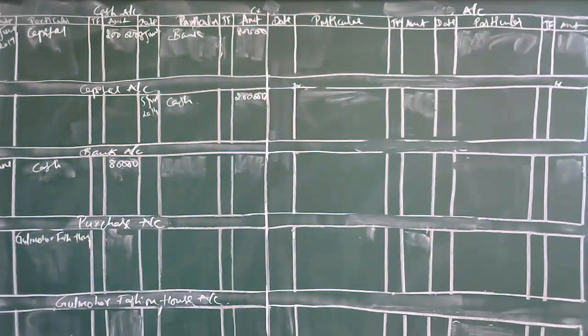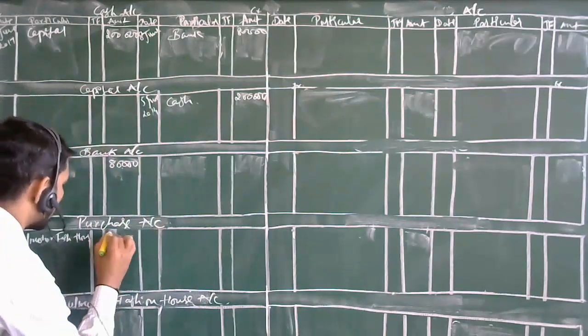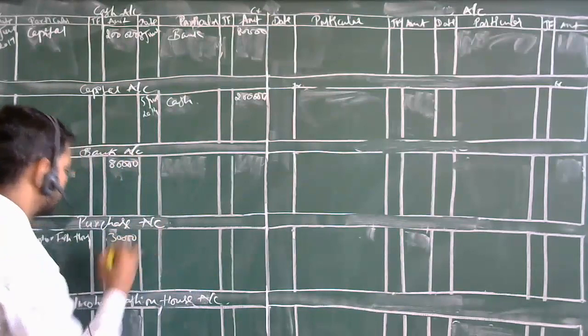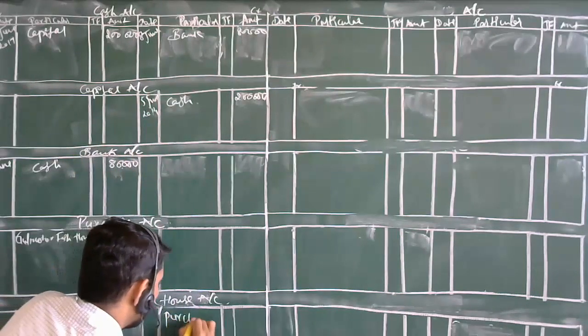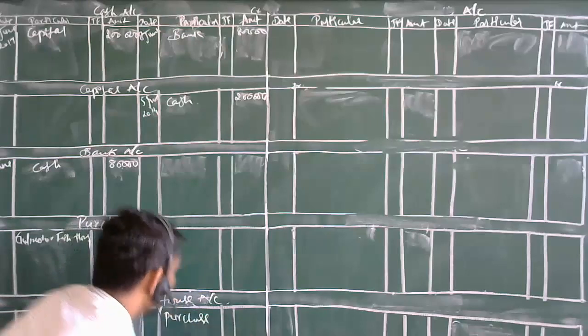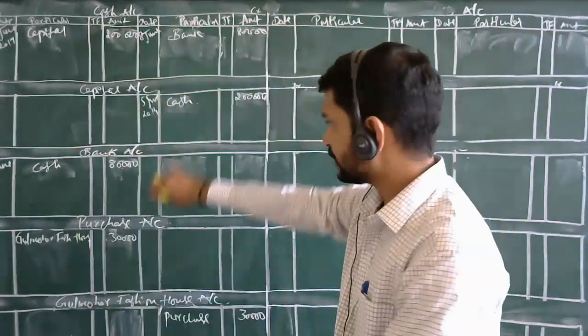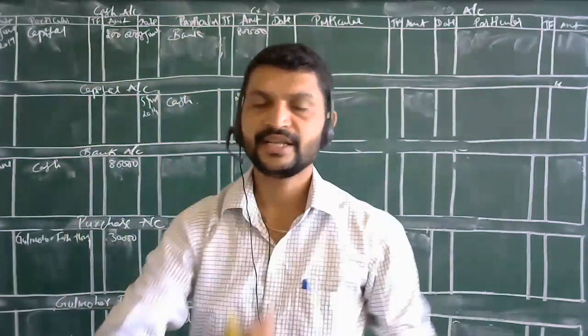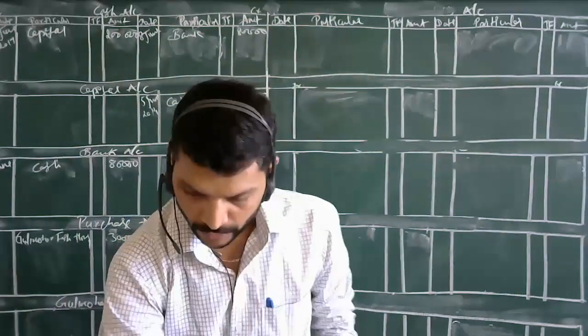What is the cost over here? 30,000. Here, purchase account. Purchase is how much? 30,000. Got the things? I am passing the ledger accounts. You are writing the journal entries over here. Remember the points.